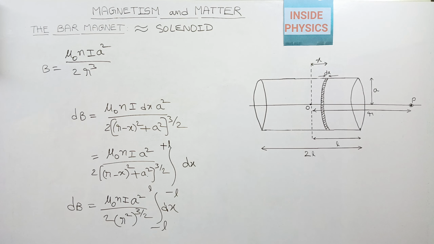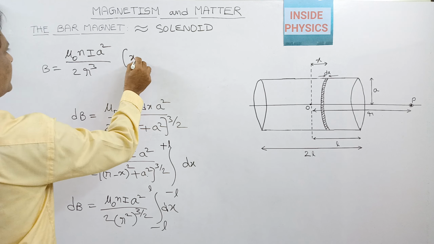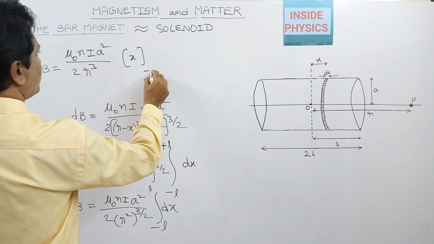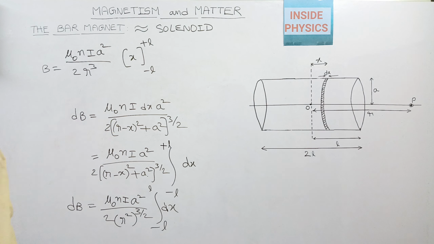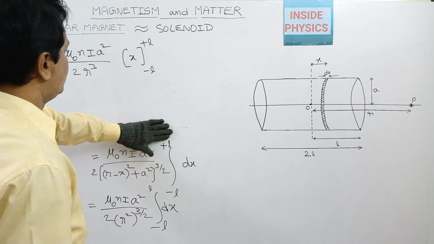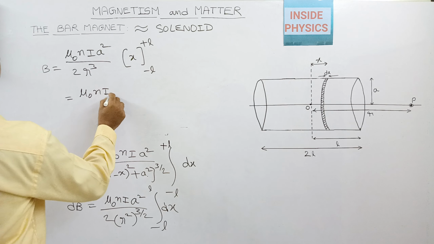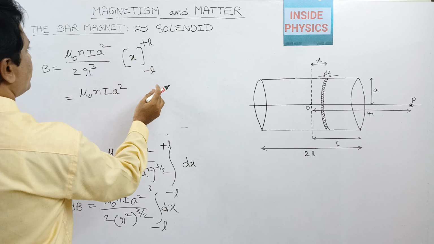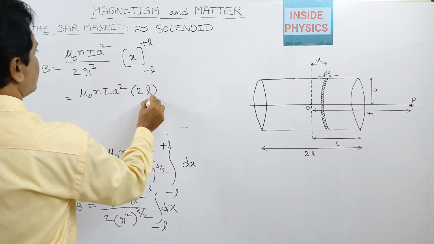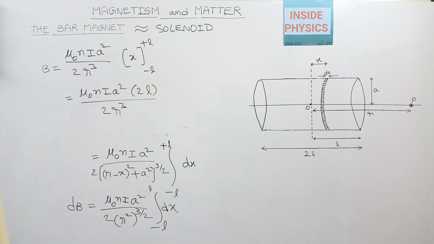Now if you perform the integration, this will become x between minus L and plus L. So this term will become mu naught n I a square into 2L by 2 r cube.